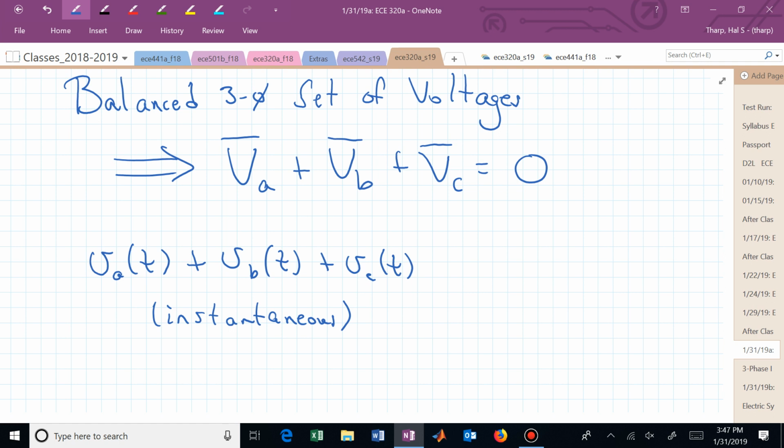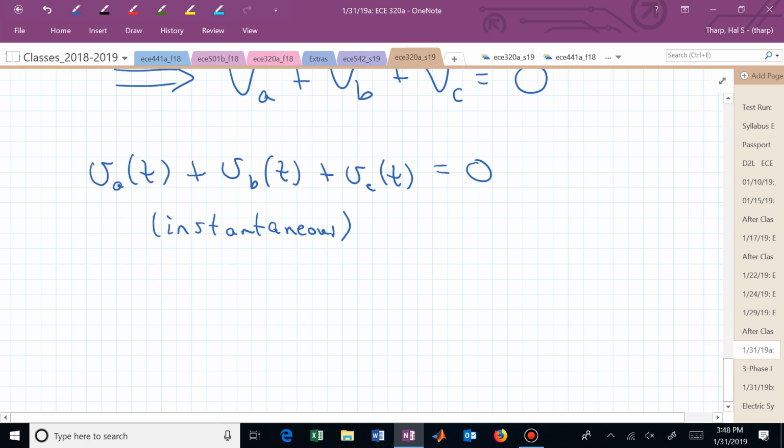This V sub C is omega t plus 120. You do the trig, and it will also be 0, instantaneous for all time. So if you added up those three instantaneous waveforms, you now have 0. So keep that in mind if we need it later.